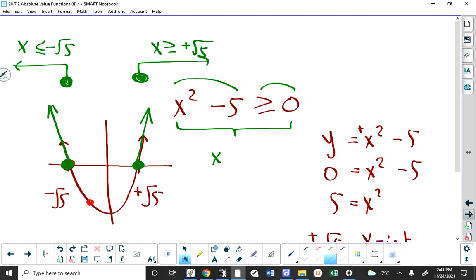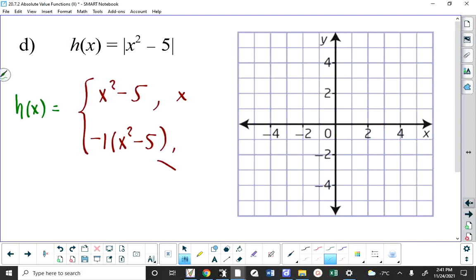Well, everywhere from negative infinity up to and including negative root 5, and then everywhere from root 5 to infinity. Where is it below? Well, I'll get to that in a second. But those are the two domains we have to put here. When x is less than or equal to negative root 5, and x is greater than or equal to positive root 5.